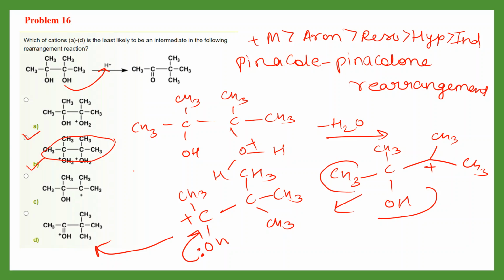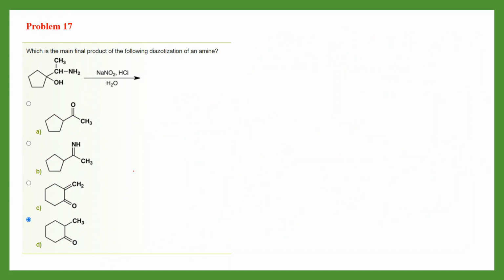Okay. In next question also it is type of pinacol rearrangement. Can anyone tell me on first step what it will form? It is asking, ma'am, what is the main final product of the following diazotization of amine. We should know that aliphatic amines on reaction with NaNO2 HCl form N2 positive diazonium type.